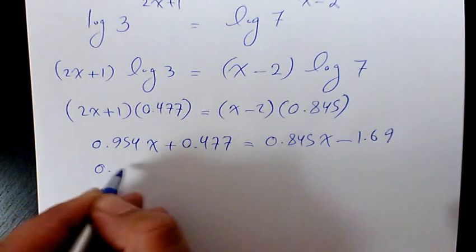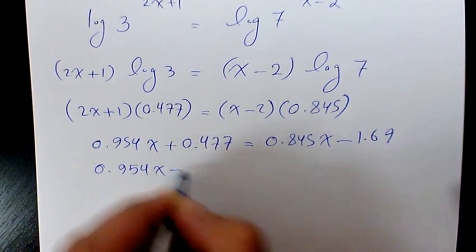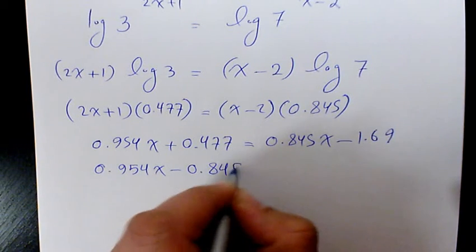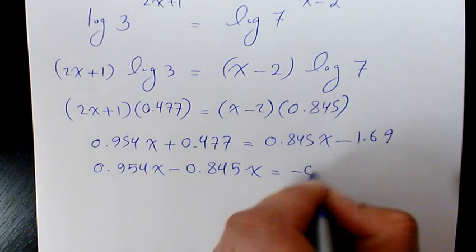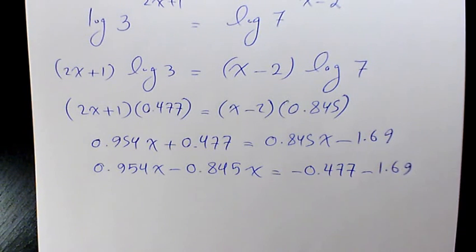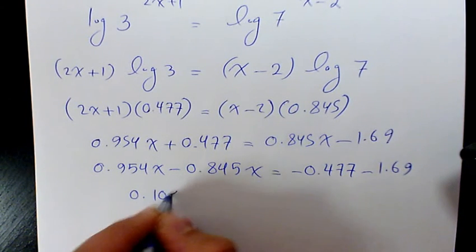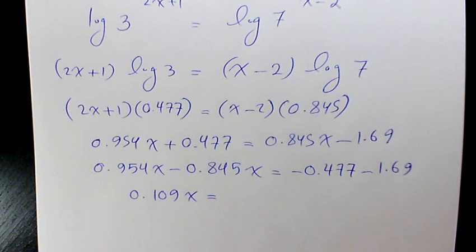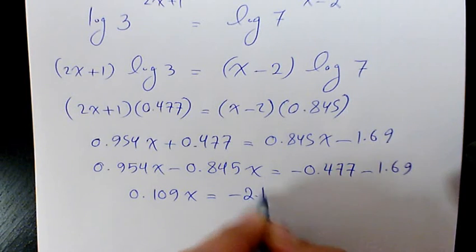So we have 0.954x minus 0.845x equals negative 0.477 minus 1.69. 0.109x equals negative 2.167.